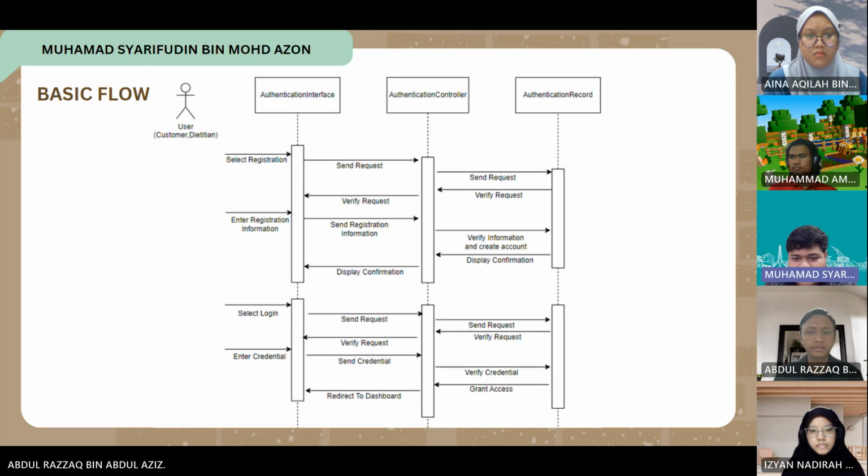If the user selects the login option, it will also send a request to the authentication record and verify it. Then the customer can enter their credentials such as email or username and their password, and it will be sent to the authentication controller.